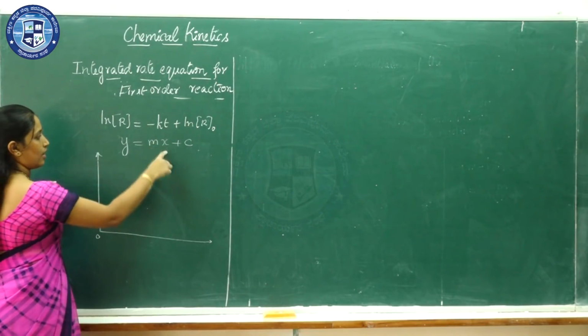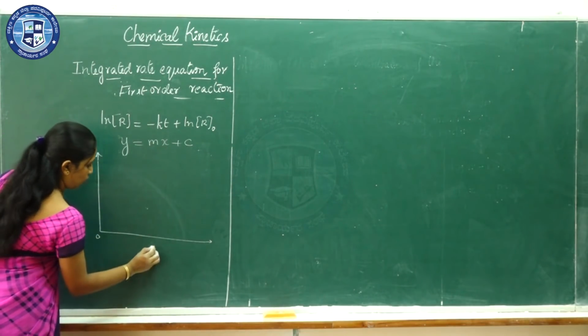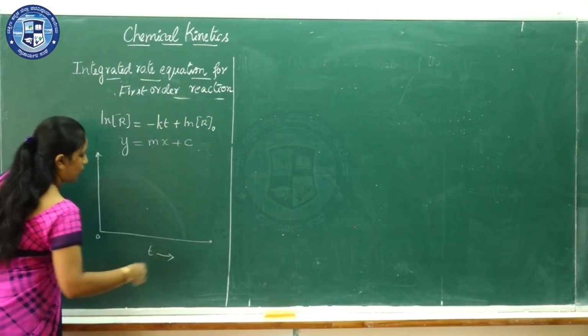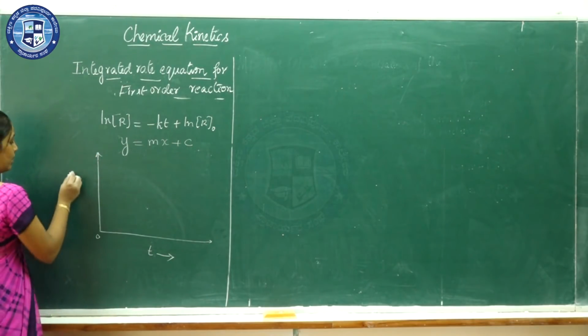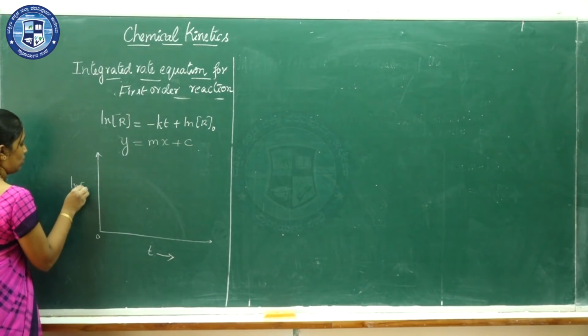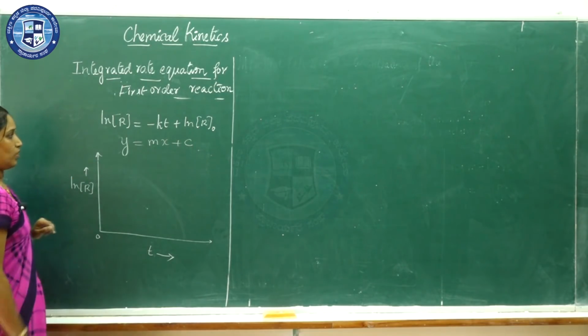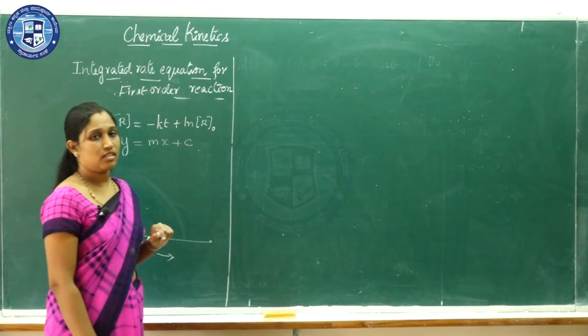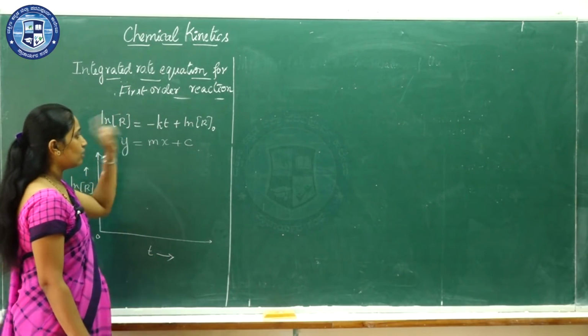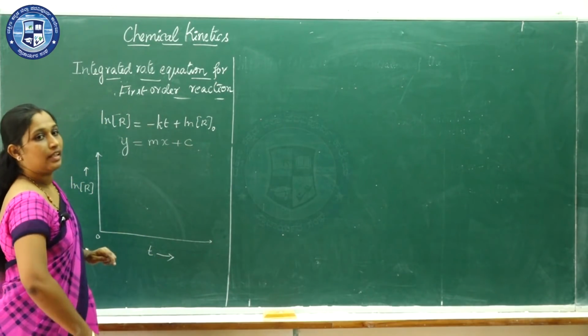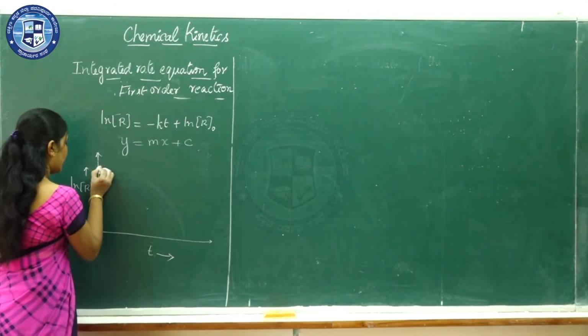On the x axis, what is the x coordinate? It is nothing but time. On the y axis you have ln of R. So, when you plot a graph like this, you are getting a negative slope here, that means it is a decreasing line.